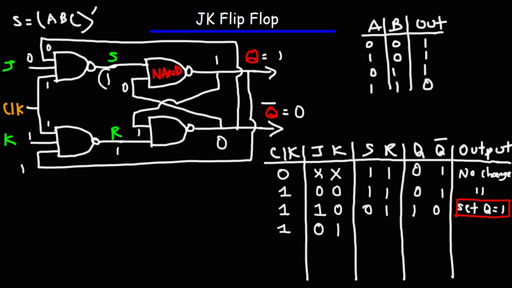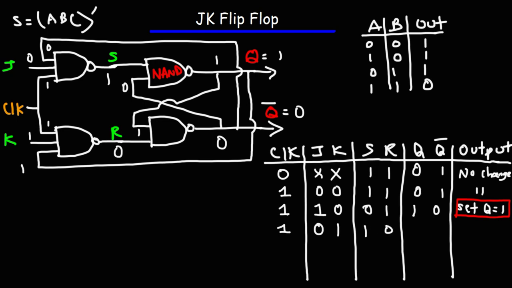So right now, S is locked into 1 since Q bar is 0. Now, once we press K, when Q is 1, we have 3 1s at the input. That's going to change R to 0.